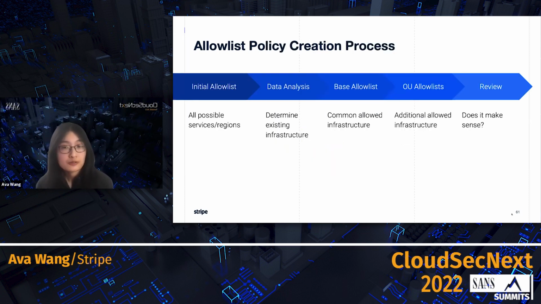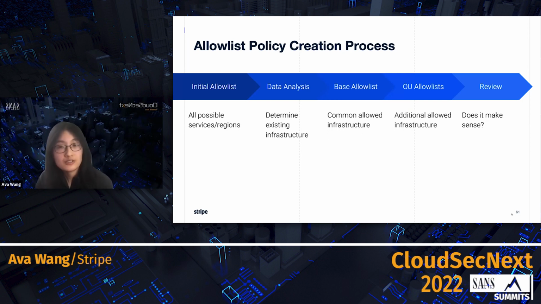Here are the steps that we followed to create the allow list SCPs. First, we created the initial allow list policies, which contain all services and regions, since by default, everything is allowed. And because everything is allowed, we'll be denying the services and regions that we don't use. We need to analyze several data sources for determining usage, which we'll discuss in more detail in the following slides.